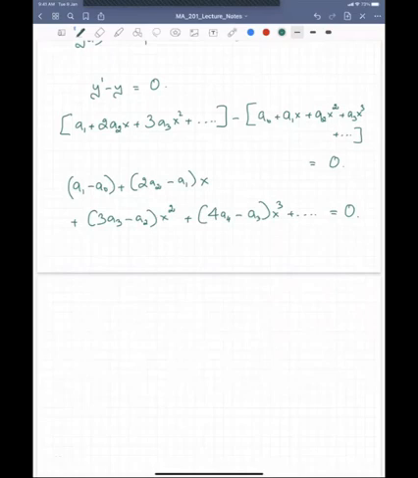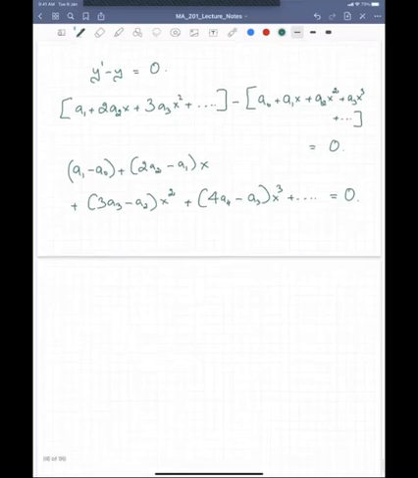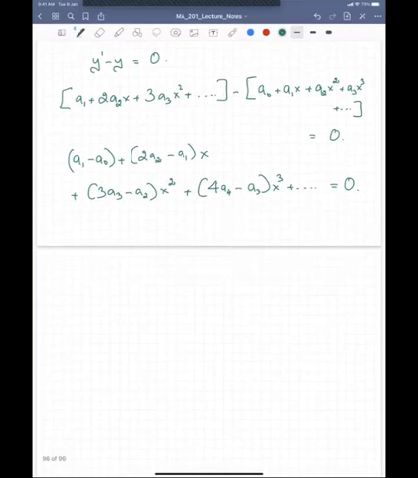There can be some other ideas. But if it is an infinite series, there is no way I can hope that one term can cancel the other term because they are all different powers of x. And if I put x equal to some value, there is no reason to assume that these terms will individually cancel each other. The only way I can ensure that this series is 0 is if every coefficient of every power of x is 0.